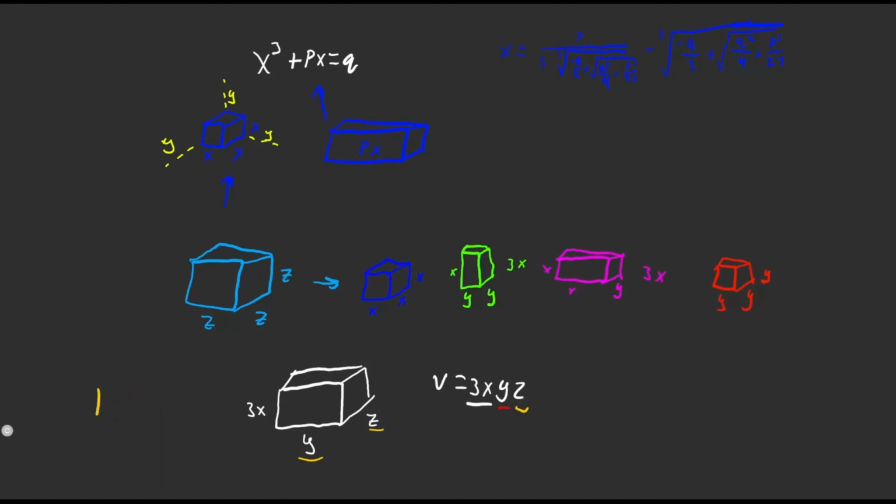Missing the y cubed block. Let's try to draw it better to see. So it is missing this here. I'm trying to erase this little area. So that's what it's missing.